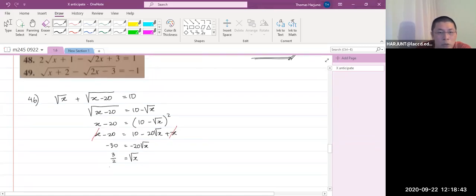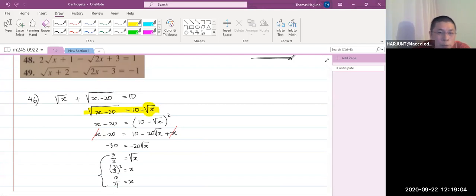Okay, and then I square both sides. That's 9 over 4, equals x. Now the thing is, we don't need to check this part, but I still need to check this part, especially, because the other side has a radical. So if you wonder, should I check this or not, then check it anyway. Never wrong, never wrong.